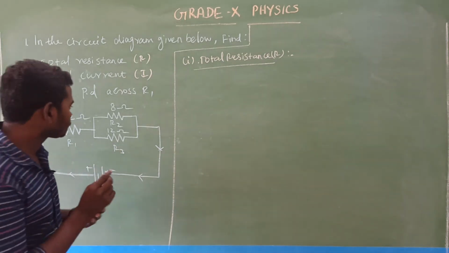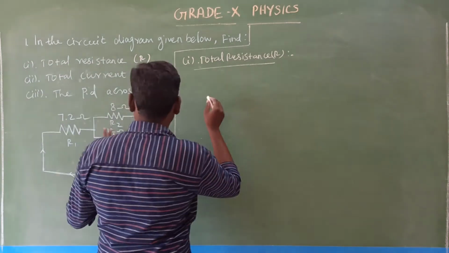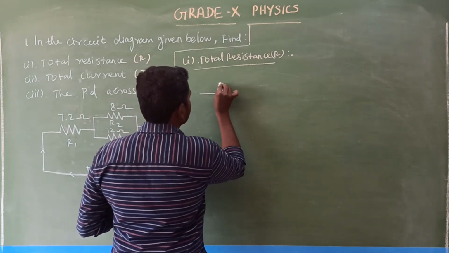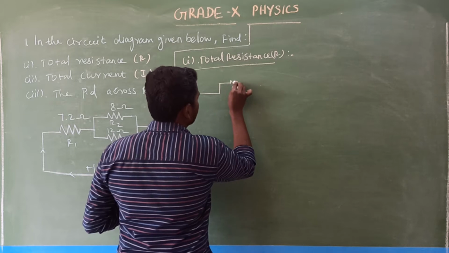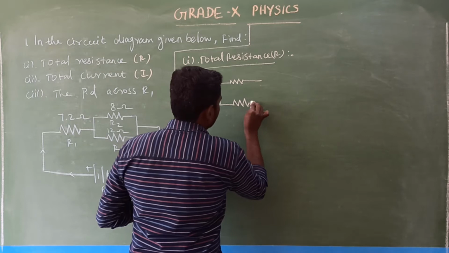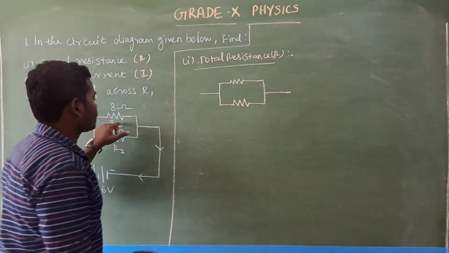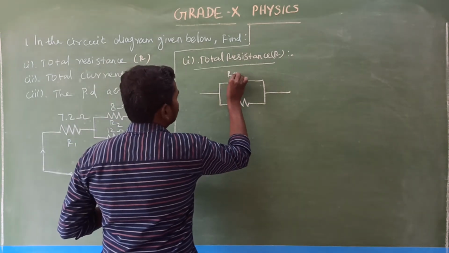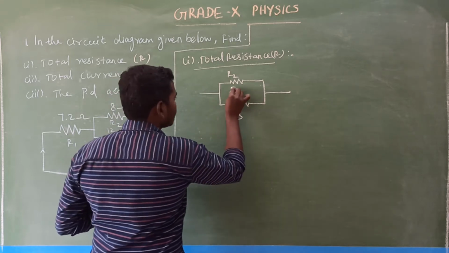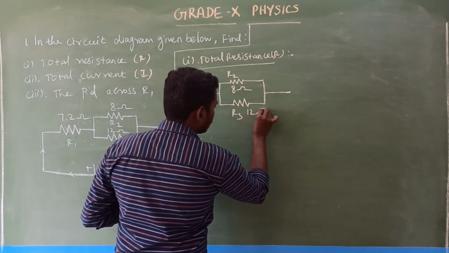Listen, look at here. First, you draw these two parallel resistors like this. This is resistor 2 and this is resistor 3. The resistor 2 value is 8 ohm and resistor 3 value is 12 ohm.